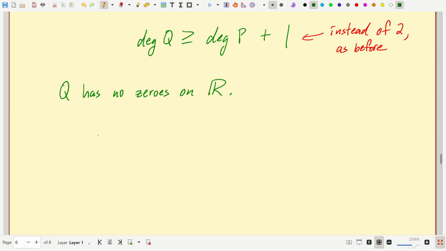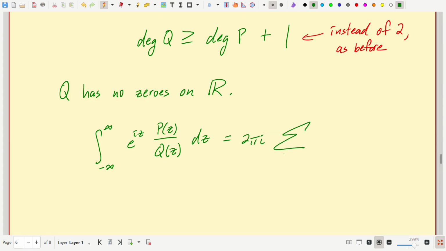Then the integral from minus infinity to infinity of e to the i z P of z over Q of z dz is 2 pi i times the residue. It's the same theorem I had earlier. So this would be the residue, I'll call it script A plus, for the zeros in the upper half plane.